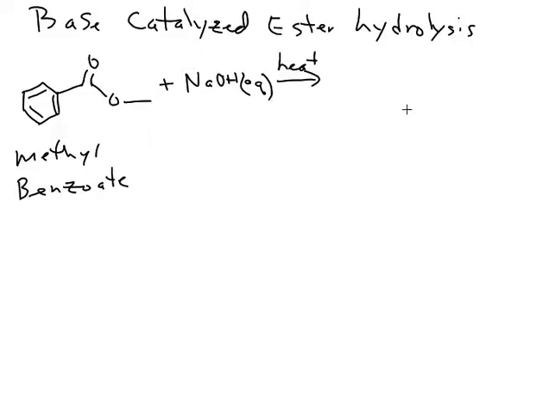So what will happen? Well, we're going to break the ester bond just as we did in the acid catalyzed hydrolysis. And I'm going to show this in a slightly simpler way, which I recommend that you do also. We're going to make methanol.